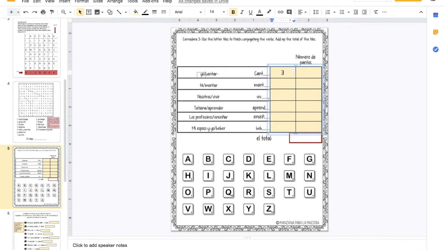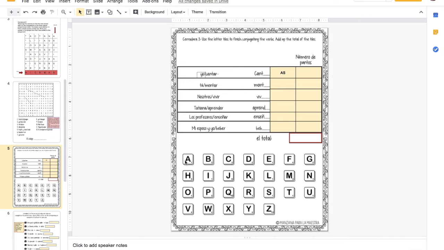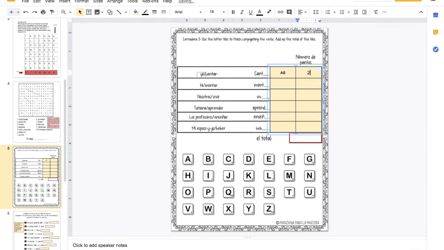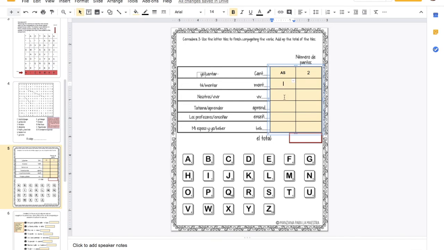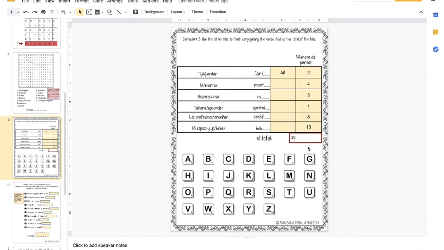Let's say that I decide that mine is A and S. So that's 1 and 1. So I had a total of 2 points. And so you're going to do the same thing for all of these. Make sure you tally up your total and you'll be done for this activity after you've completed this whole section.